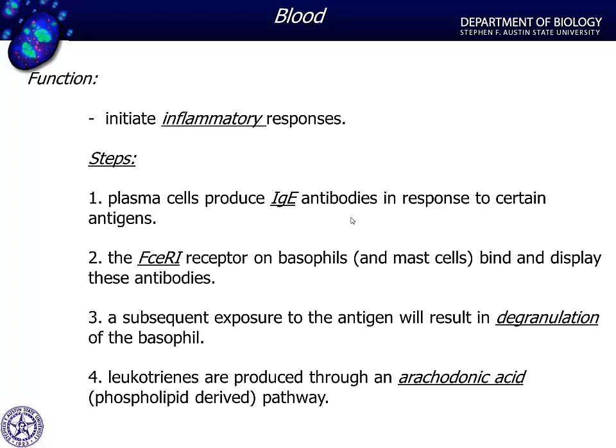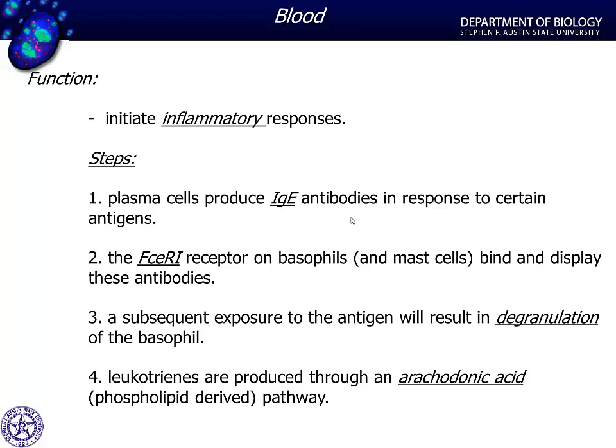These IgE antibodies can be produced in response to certain allergens, and we refer to them as allergens because they are antigens that cause an allergic type of immune reaction. So these IgE antibodies are going to be inappropriately bound to IgE receptors on the surfaces of mast cells. They can be basophils too, but really we're talking about the mast cells outside of the circulation.